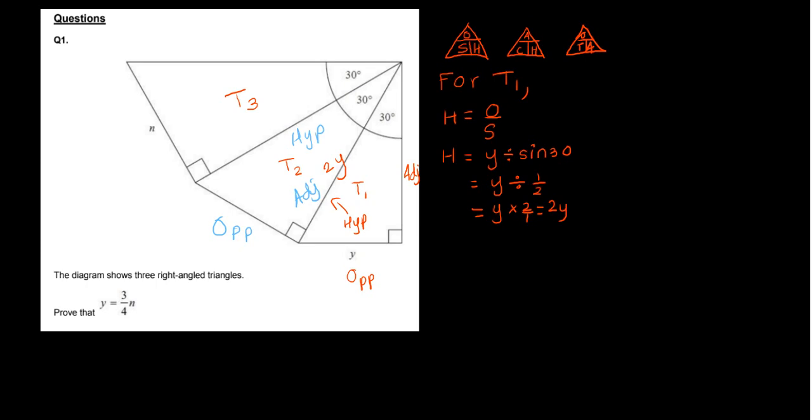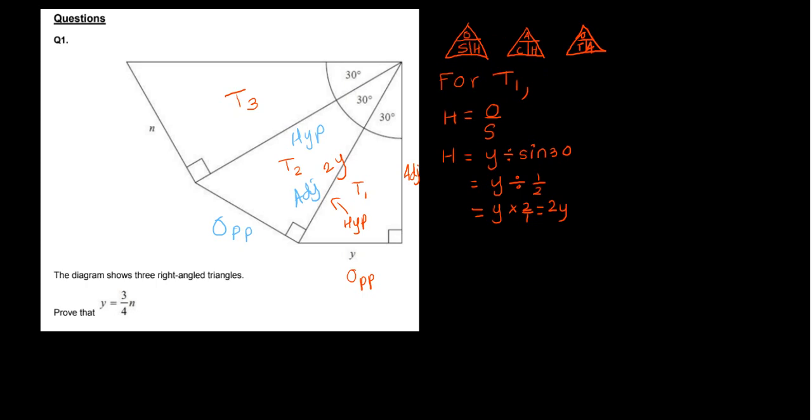Alright, now in this case, in triangle 2, I have my adjacent and I need to find out the hypotenuse. So I go to my three trigonometric ratios and see which one has adjacent and hypotenuse. So for the sine, you got opposite and hypotenuse. For cos, you have adjacent and hypotenuse. So that's the one which I'm going to choose.